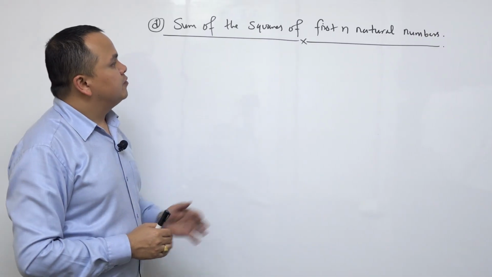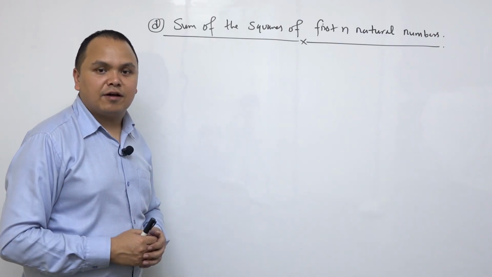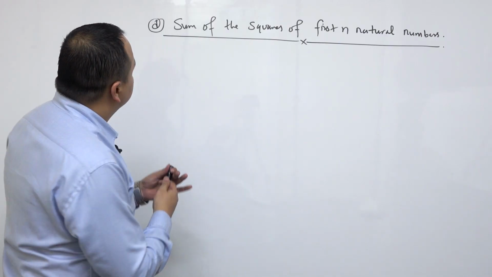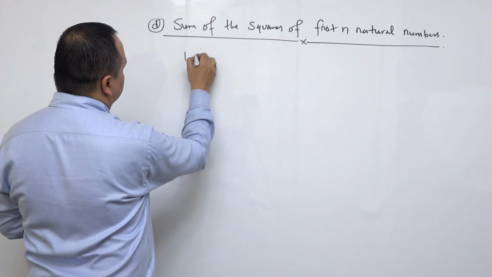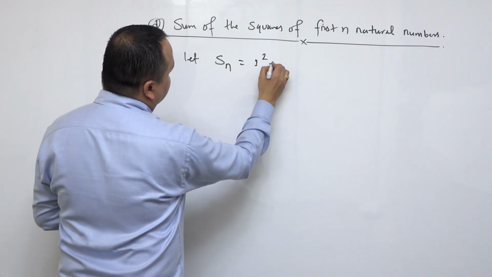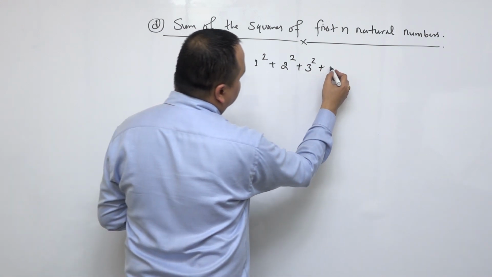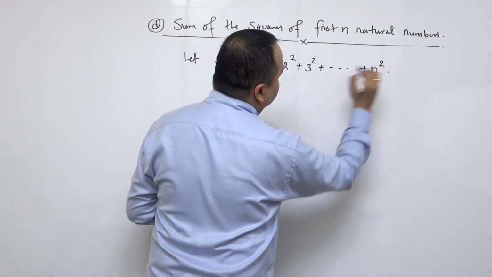Now, the sum of the squares of the first n natural numbers, which is very important for our exam. So, let Sn is equal to 1 square plus 2 square plus 3 square plus ... plus n square.